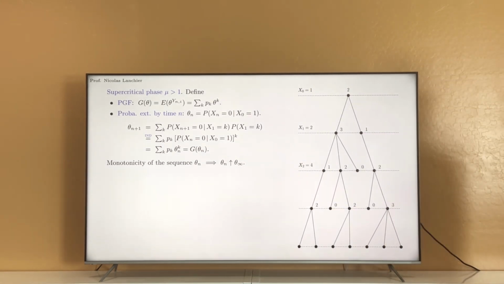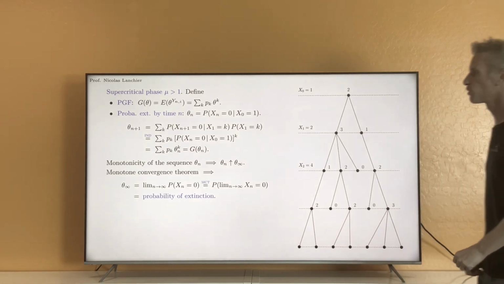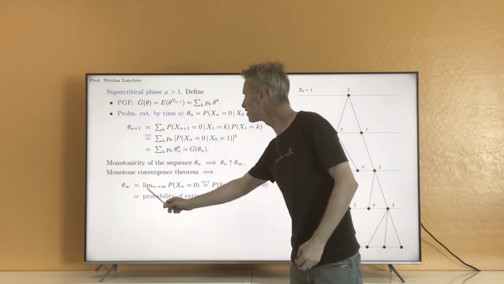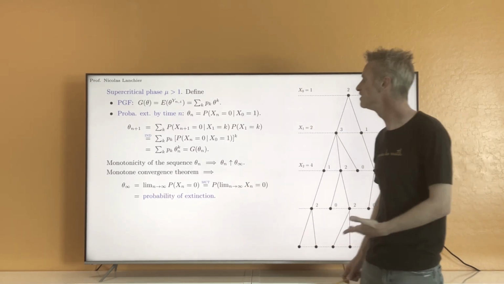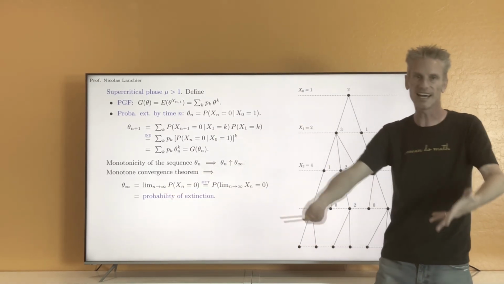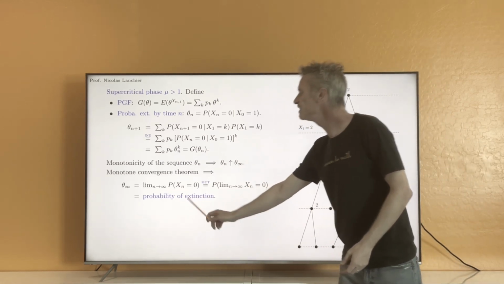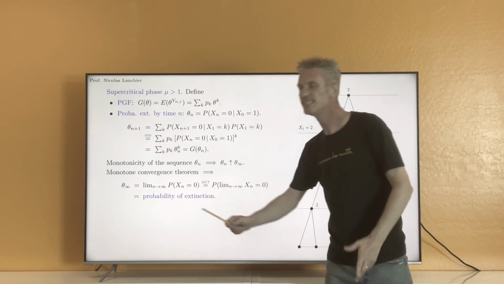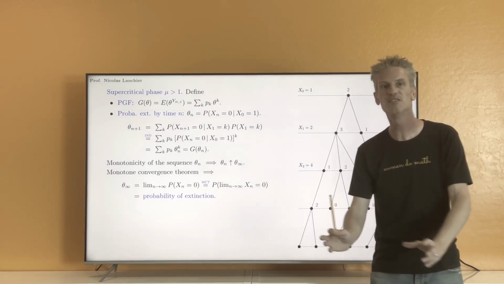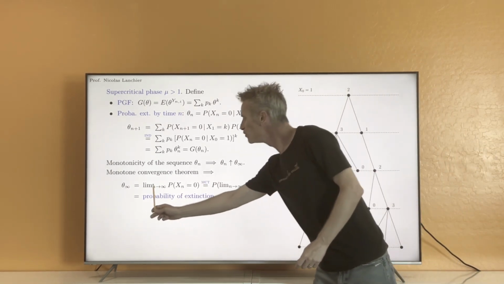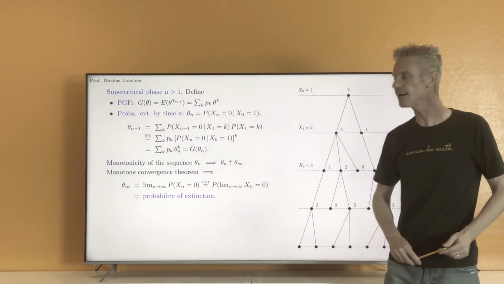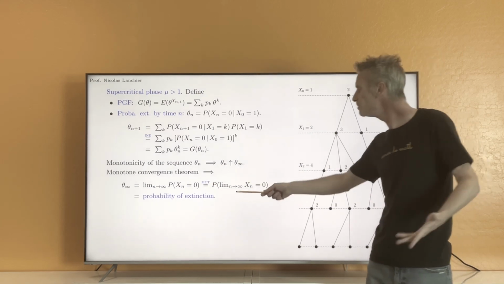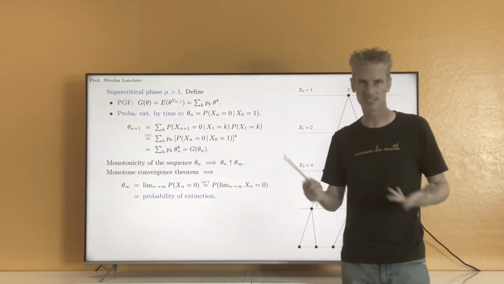And so eventually we get by the monotone convergence theorem that this limit, by definition, the limit when n goes to infinity of theta n, is the limit when n goes to infinity of the probability that xn equals 0. But by monotonicity for the inclusion of the sequence of events, you can put the limit inside, and so that tells you that this is equal to the probability that the limit when n goes to infinity of xn is equal to 0.